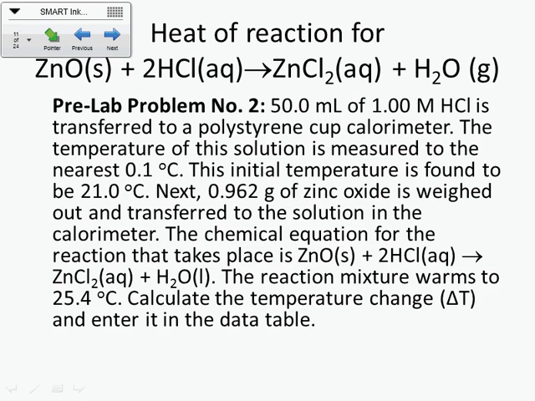I should proofread these things a little better before I show them to you, because the actual reaction, when they write it in the equation, they're saying the reaction that takes place is producing H2O liquid. They just put this as a continuation for each slide, but they accidentally put gas instead of liquid. So this should be liquid for the reaction we're doing, which makes more sense, right? This is not getting hot enough that we're going to have gas H2O. We're going to have liquid H2O.